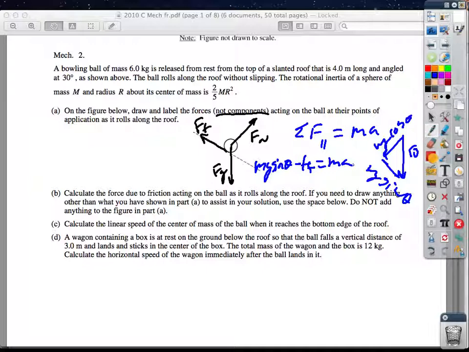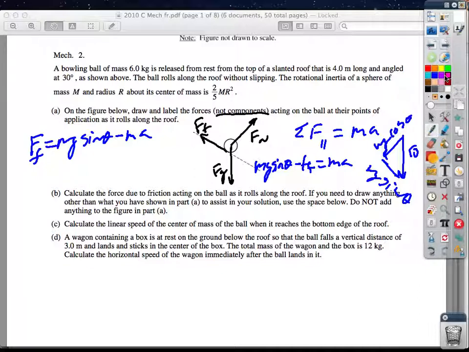All right. Calculate the force due to friction. So I just solve this for f sub f. f sub f is equal to mg sine theta minus ma. Now we don't know a. So how does a relate to rolling objects?